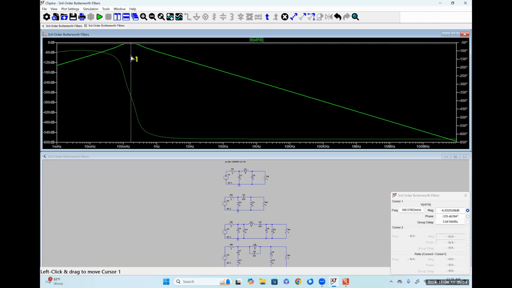So our resonant frequency, or omega naught, for our filter is at that 159 millihertz. So it's effectively still the omega c equal to 1 radian per second that we were interested in, okay? So now our cutoff frequency is our resonant frequency. It's the middle of our pass band, okay?